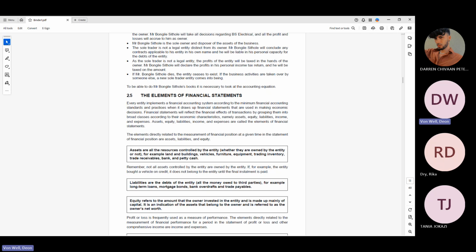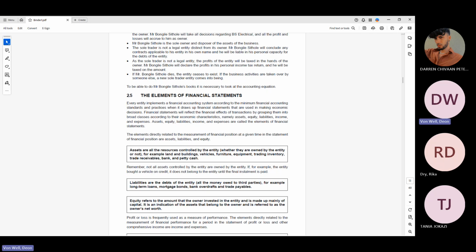You have your gross profit, which is your turnover minus your cost of sales. And then you will have other income. You will have your administrative expenses that you deduct. And at the end, you sit with your net profit. Now, that net profit is also added to the capital contribution of the owner.